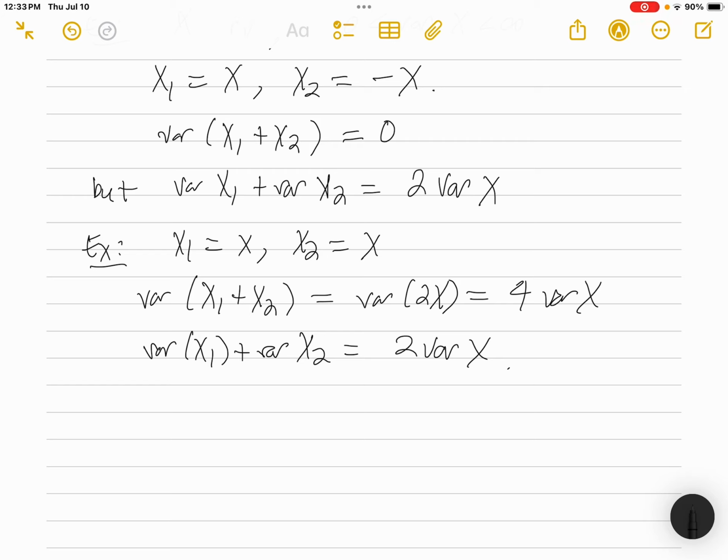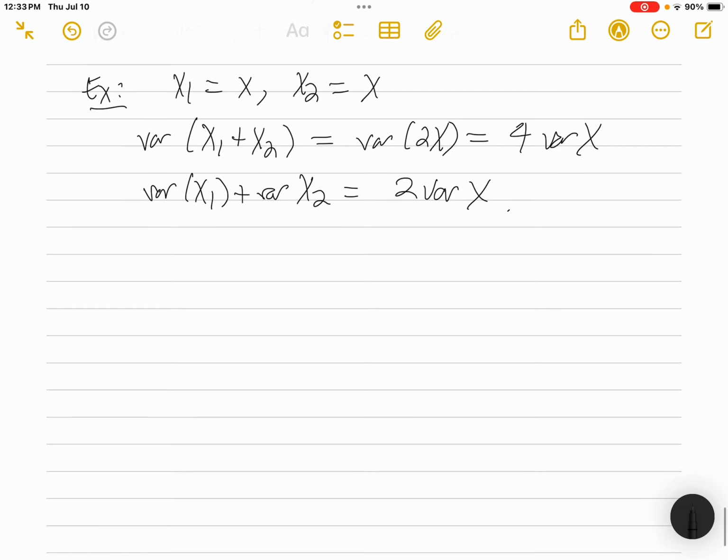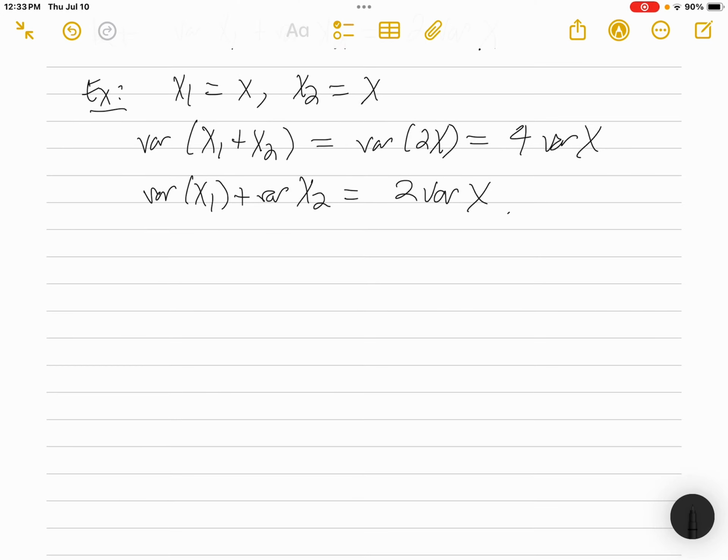And let's use these facts to give an application of the fact that when you have independent random variables, the sum of the variances is the variance of the sum. Let's use that to find the variance of the binomial distribution, because recall that the binomial distribution comes from a sum of independent trials.